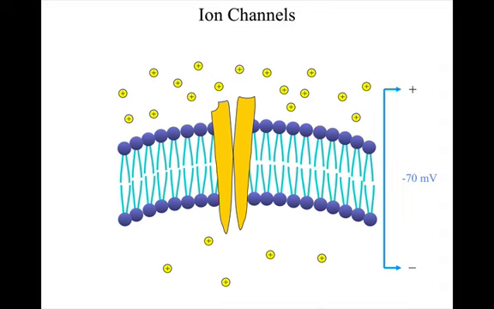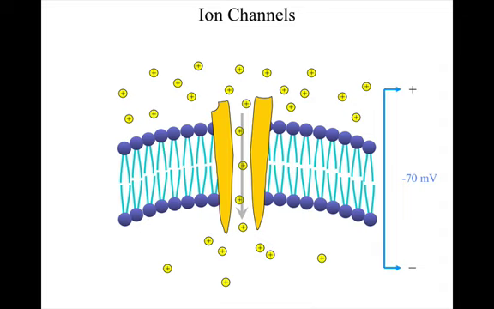Most of the time these channels are closed. And if they're open, they don't pump ions, all they do is allow ions to flow, and the ions will tend to flow from a region of high concentration to a region of low concentration.